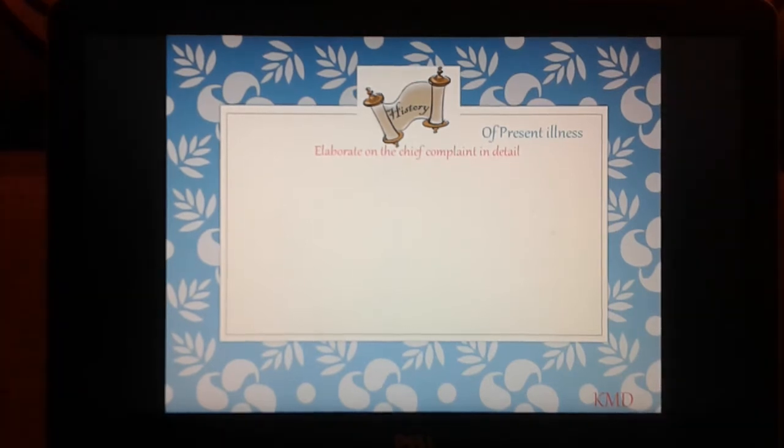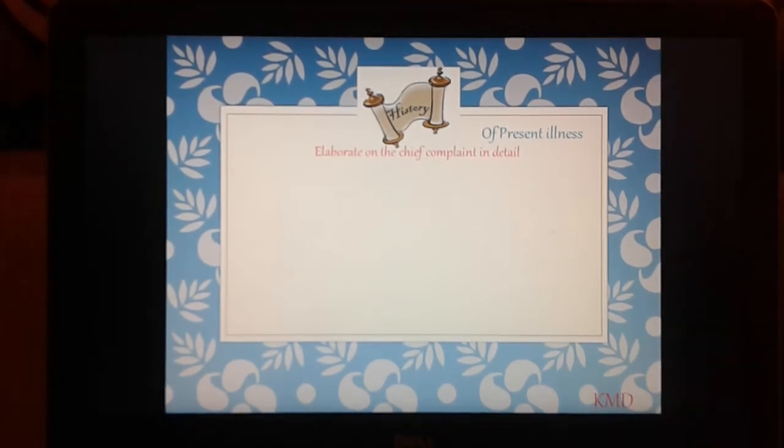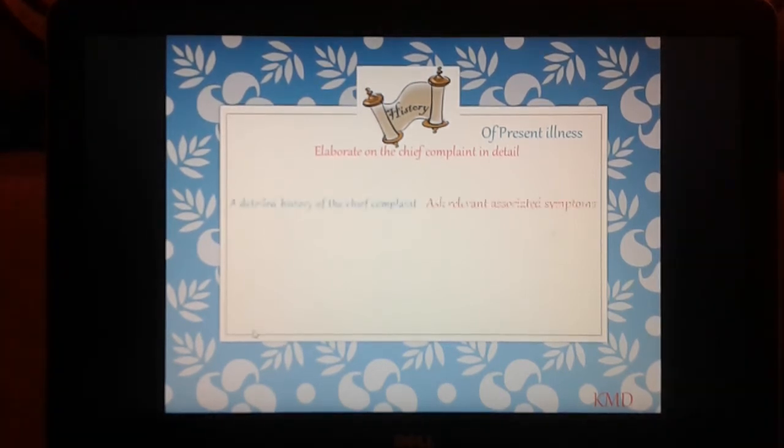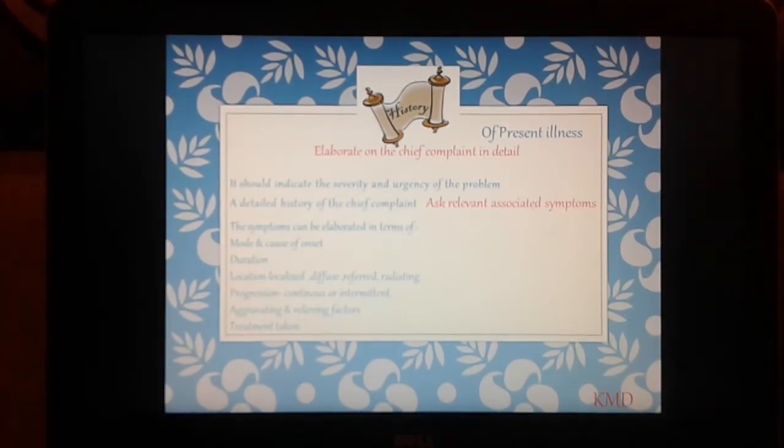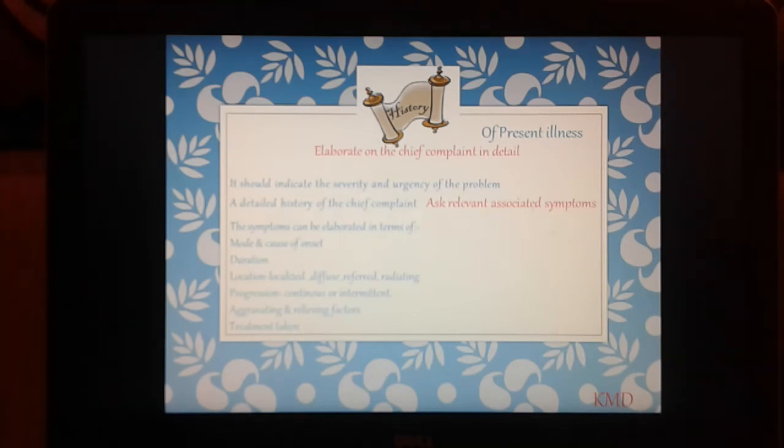and thus what we do is we elaborate on the chief complaint in detail, and we should ask relevant associated symptoms, and a detailed history of the chief complaint has to be recorded. The symptoms can be elaborated in terms of their mode and cause of onset, the duration, the location, as in whether it is diffuse or localized, or if it is referred, or if it is radiating.